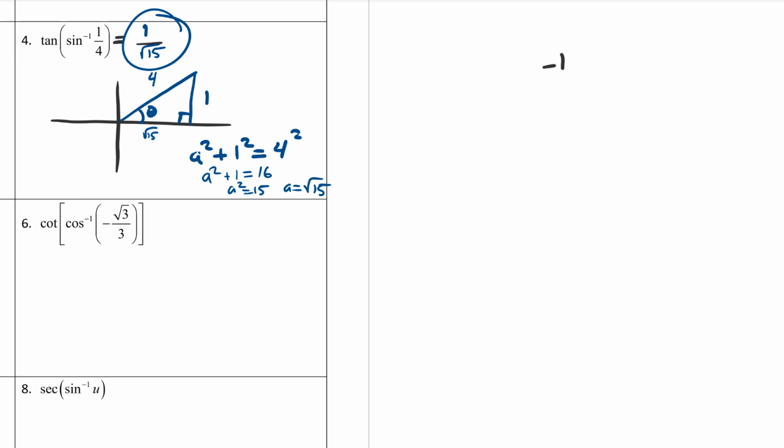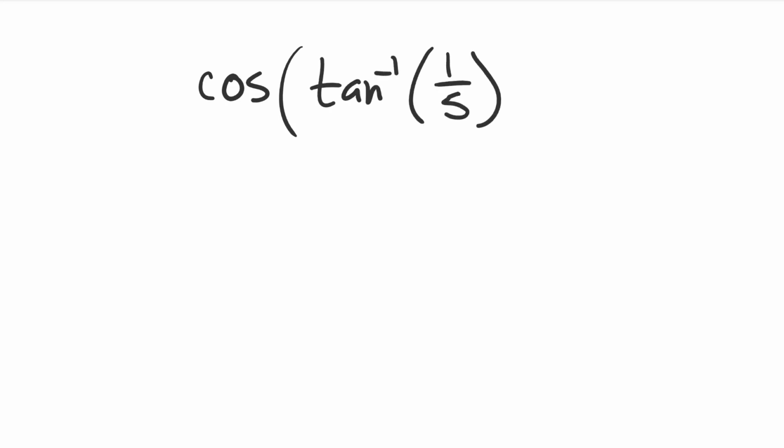Let me just zoom in here. Cosine of tangent inverse of negative 1 over 5. We want to get an exact value of this, but we're going to keep it negative inside. We want that as a negative 1/5.